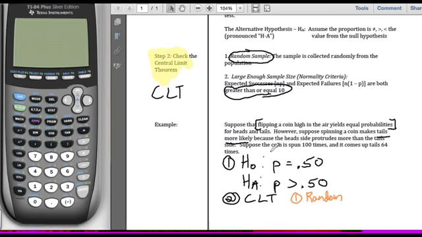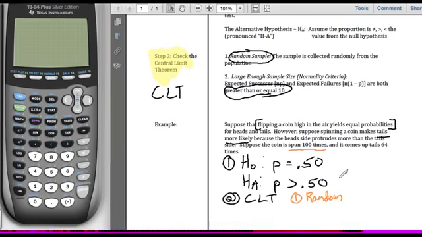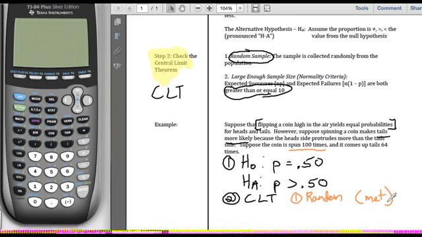But the act of spinning a coin 100 times, that is a random act. You can't spin this coin and have control over the coin and make it land on heads every single time, or make it land on tails every single time. There is an element of randomness when you are flipping a coin or spinning a coin or rolling dice.